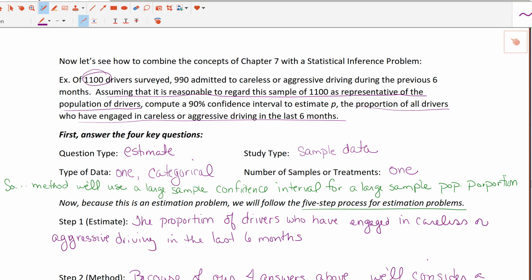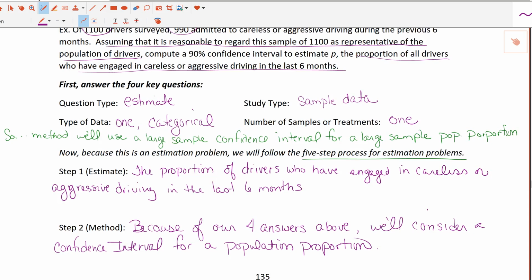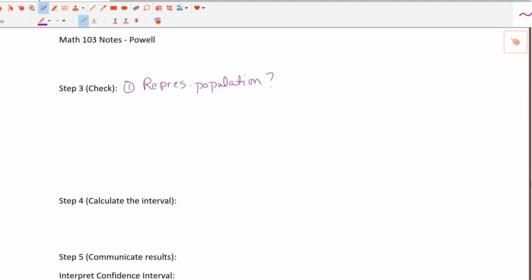And now we want to know, is this big enough? So we had 1,100 surveyed and 990 admitted to careless or aggressive driving. So 990 out of 1,100 is actually our sample proportion.